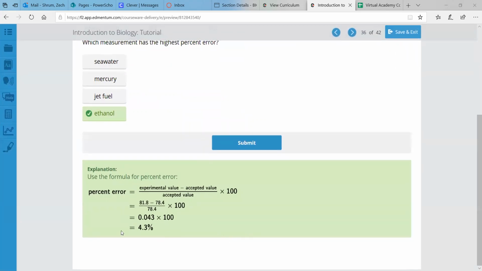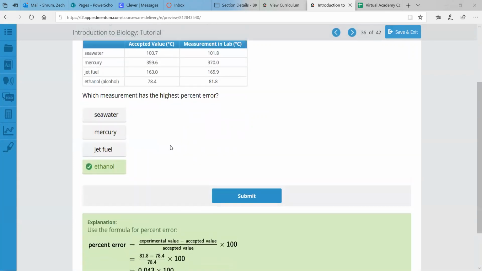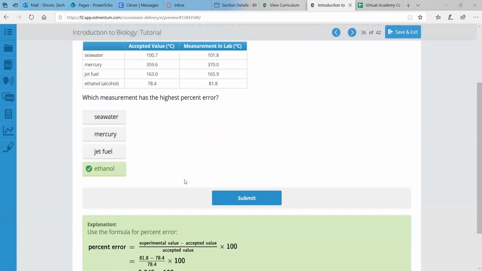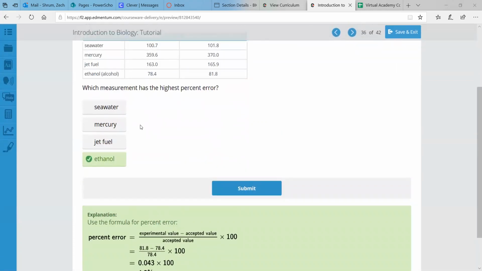I was going to pull up the whiteboard, but here we go. So percent error, you'll take the experimental value, this number for each one, minus this number, divided by this number, times 100.